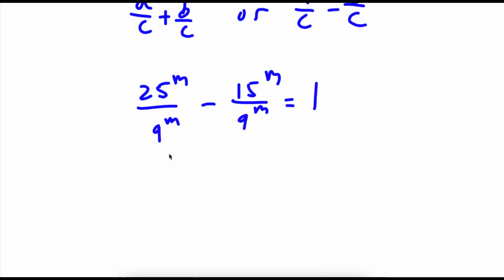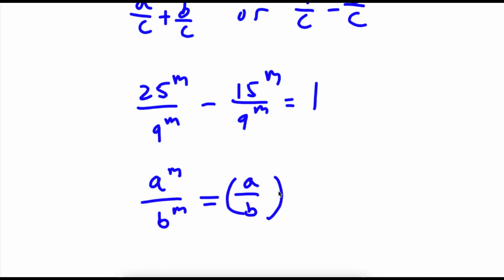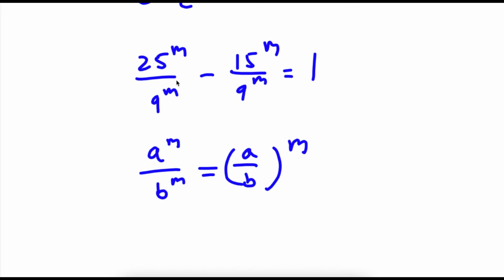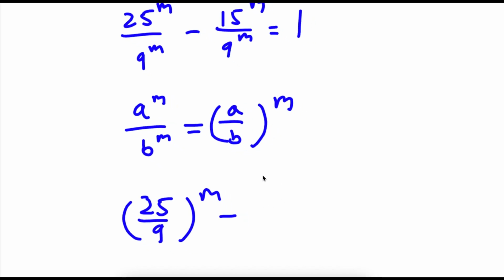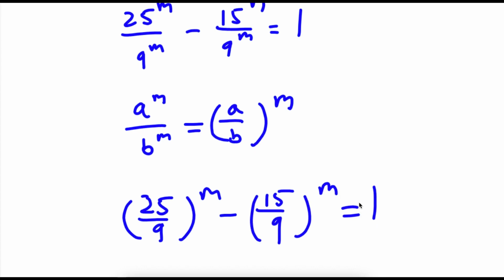Now, if I have something in the form a to the power of m over b to the power of m, this is equal to a over b to the power of m. So for both of these, I can rewrite 25 to the power of m over 9 to the power of m as 25 over 9 to the power of m, minus 15 to the power of m over 9 to the power of m, which I can rewrite as 15 over 9 to the power of m, and this is equal to 1.